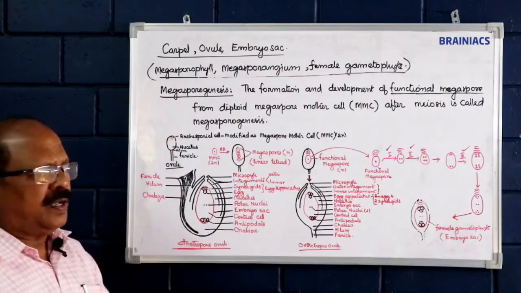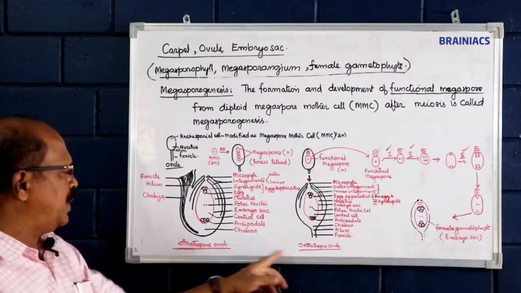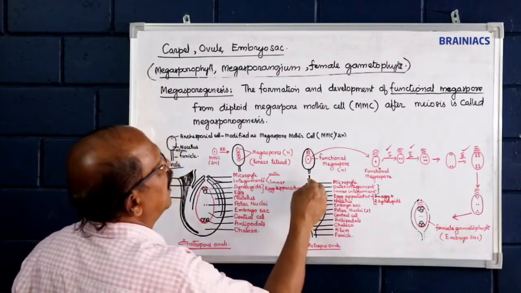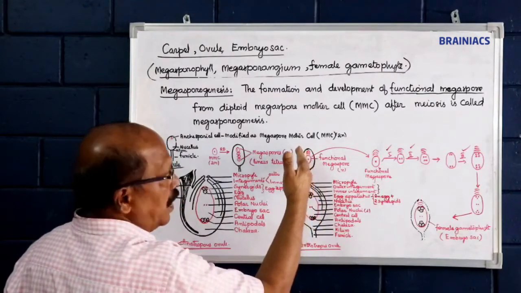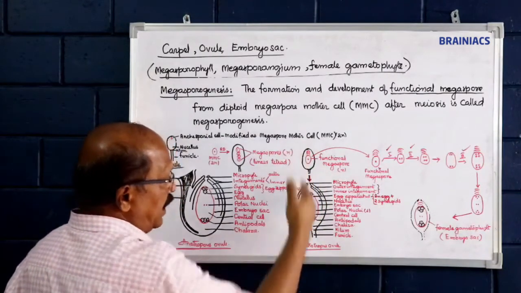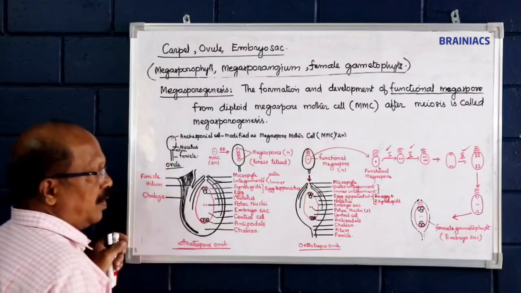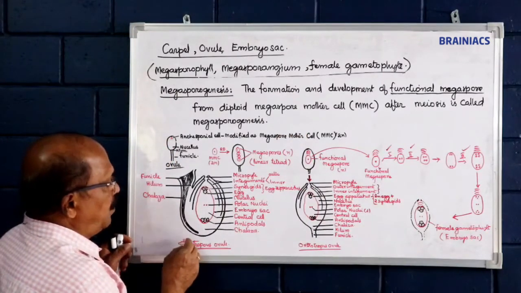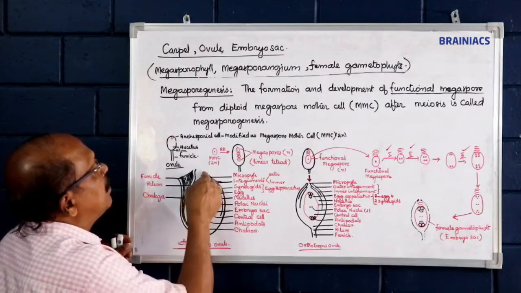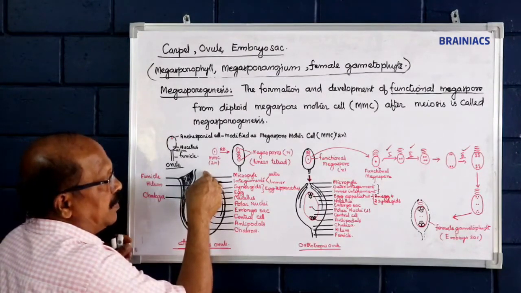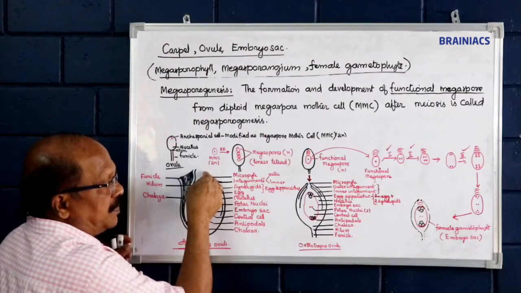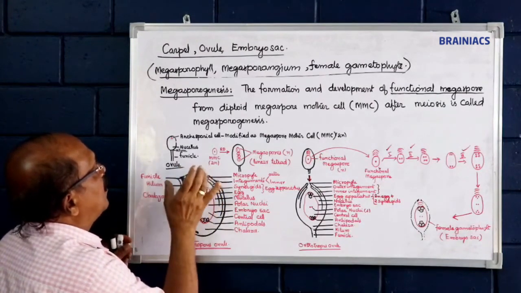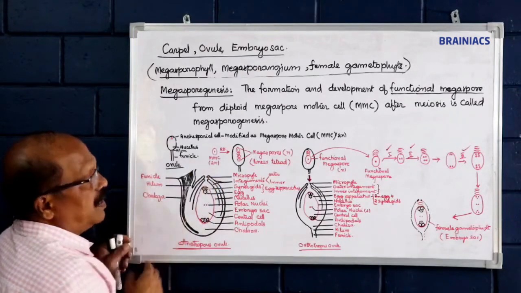What is the difference between orthotropous and anatropous ovules? In the orthotropous ovule, the funicle and the micropyle are all on the same line, whereas in the anatropous ovule, the micropyle and funicle come very near to one another, very close to one another.